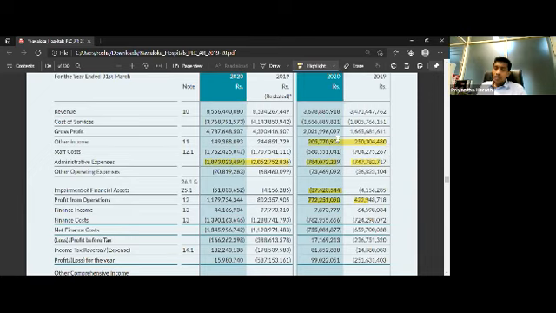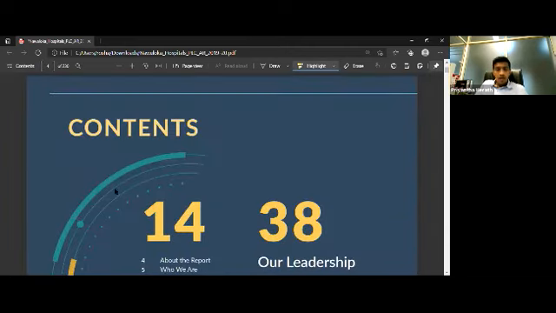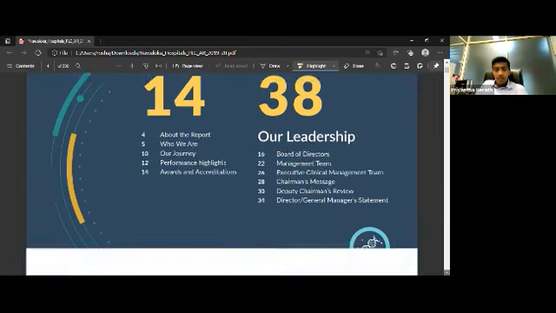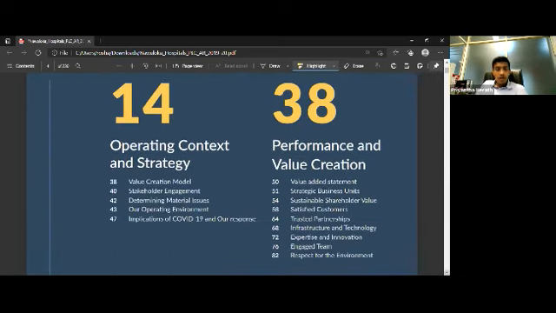Now, not like those days. Those days we disclosed only the financial information, accounts. But in addition to accounts, even if you go through this report, in the content page, page number 4, see the financial statement part.